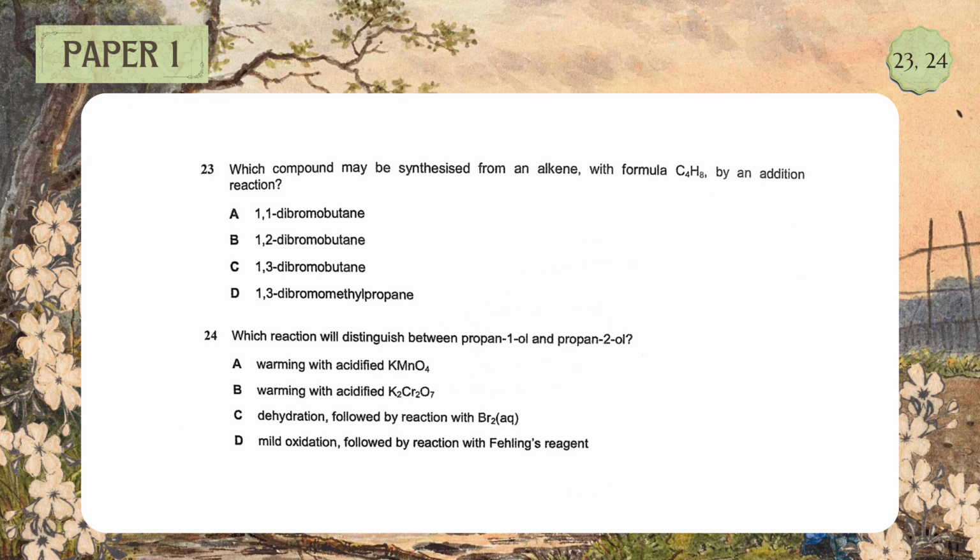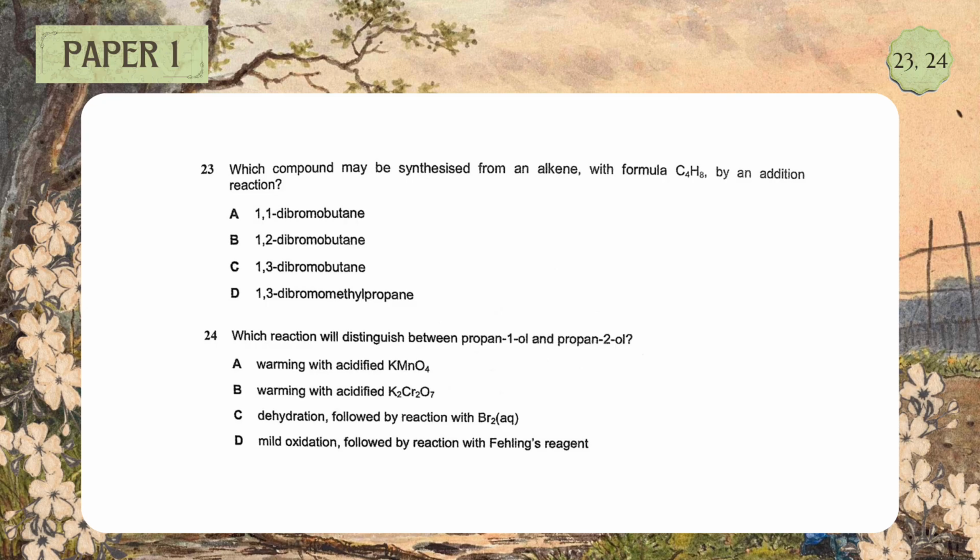This forms 1,2-dibromobutane. You can't get 1,1 or 1,3-dibromobutane from a simple electrophilic addition because the halogens can't jump to non-adjacent positions or stack on the same carbon in one step. This makes B our correct choice.